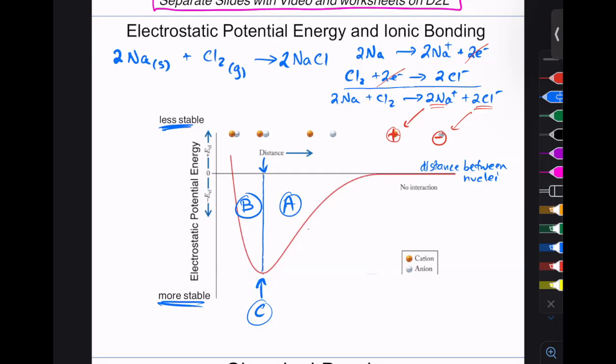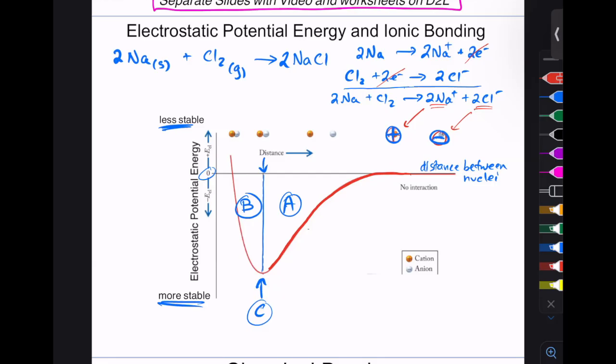So as we're getting these ions close together, okay, we start with them so far apart that there's no interaction. So the electrostatic potential energy here is 0. But as they get closer together, look what's happening. Here, I'll trace this in red. As they get closer together, it's becoming more stable, it being the products, all right? The product is by these ions coming together, right?